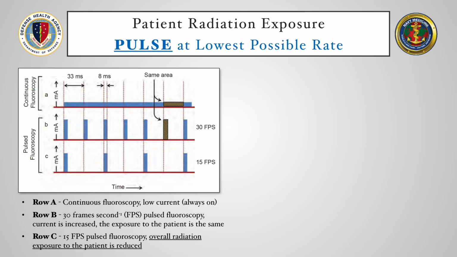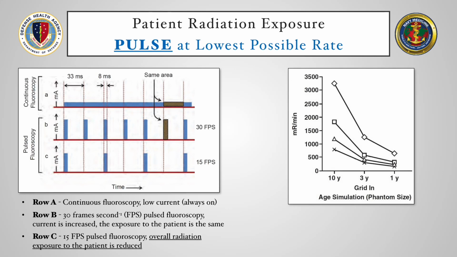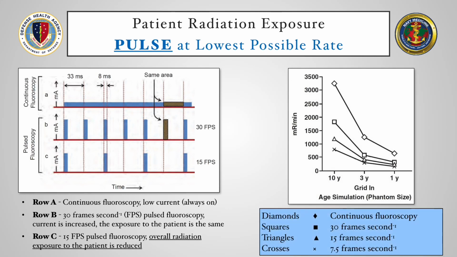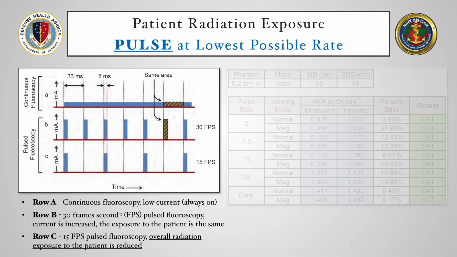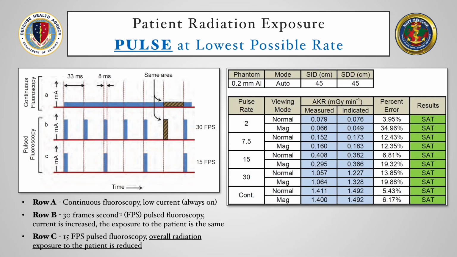Take a look at the diagram on the screen to see the dose rate reduction by shifting from continuous to various frame rates of pulsed fluoroscopy. You can review the results of various frame rates and their commensurate dose savings with your radiation safety officer. Take a look at the results on the screen from a diagnostic equipment survey I performed on one of our fluoroscopy units. You can see how the air Kerma rate increases as pulse rate is increased.